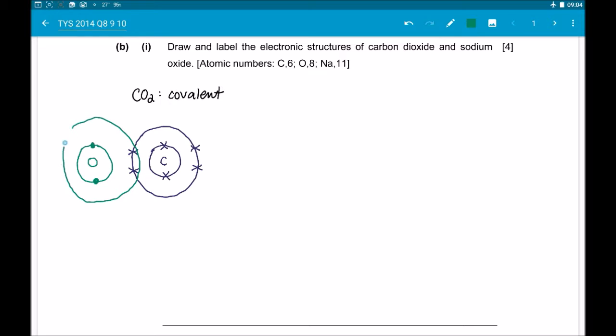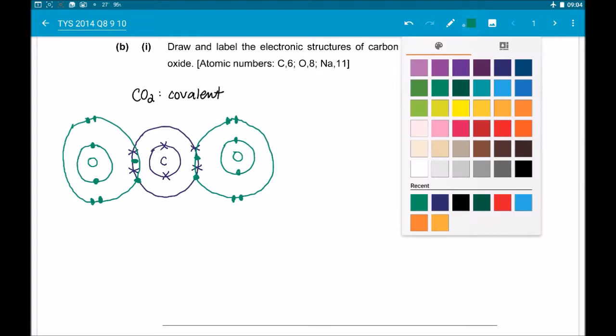Hence, it requires 2 electrons, which will come from carbon. Hence, carbon will share 2 electrons with the oxygen atom, and likewise, the oxygen atom will share 2 electrons with the carbon. So that will be the structure for CO2.